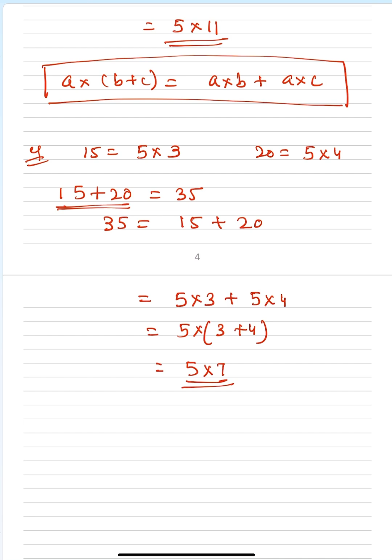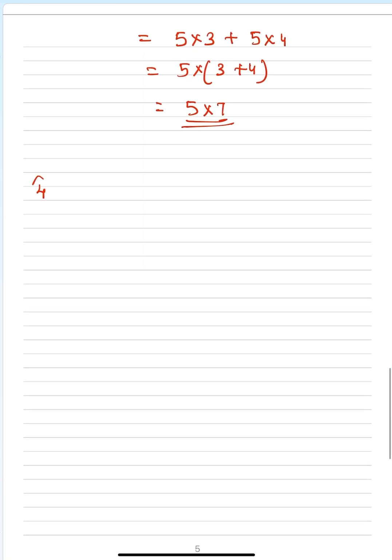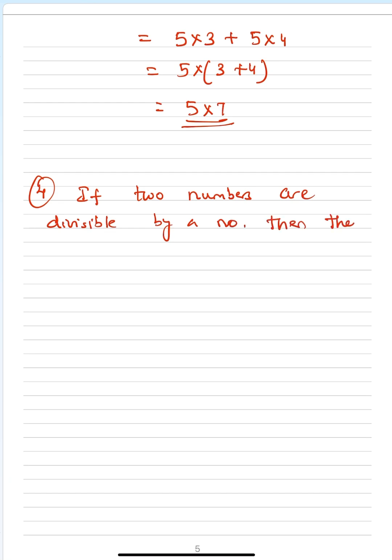Okay. And the next and the last rule is that if two numbers are divisible by a number, then their difference is also divisible by that number.